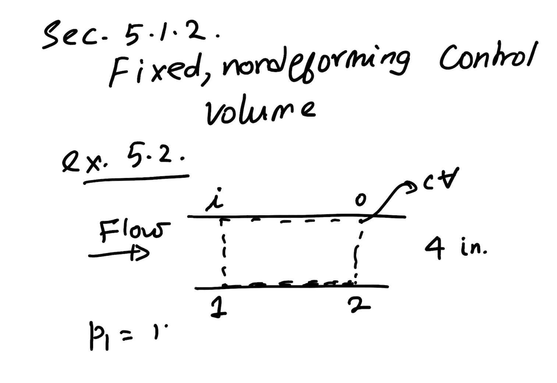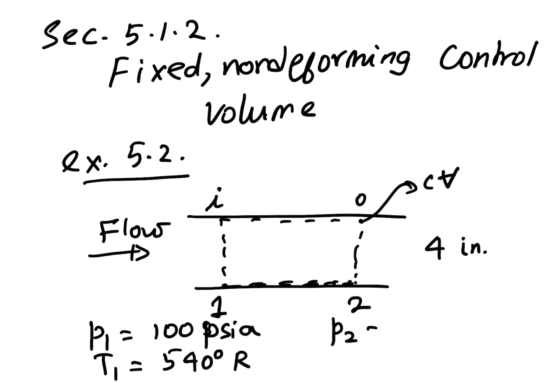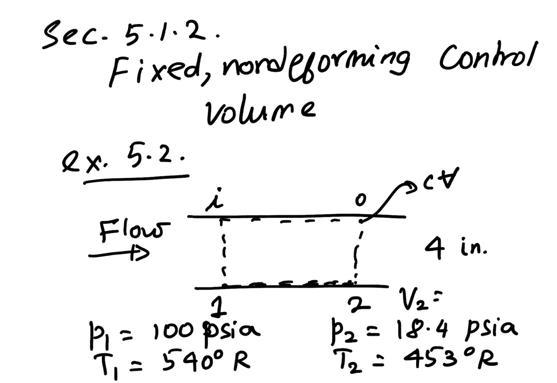So P1 is 100 psi absolute, T1 is 540 degrees Rankine, P2 is 18.4 psi absolute, there is a drop in pressure, and T2 is 453 degrees Rankine. The velocity V2 is given to be 1000 feet per second, and we are asked to solve for the average velocity V1 bar.